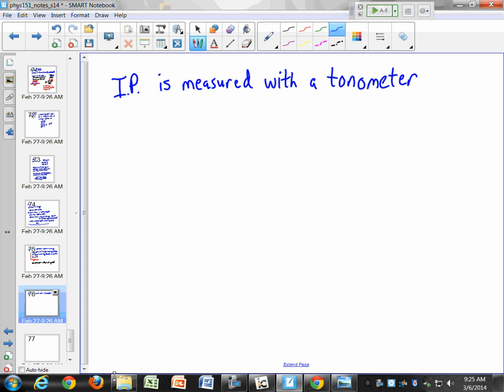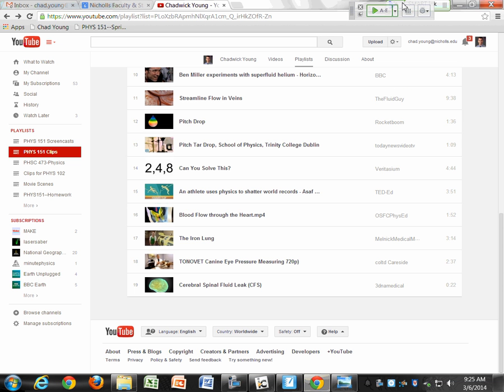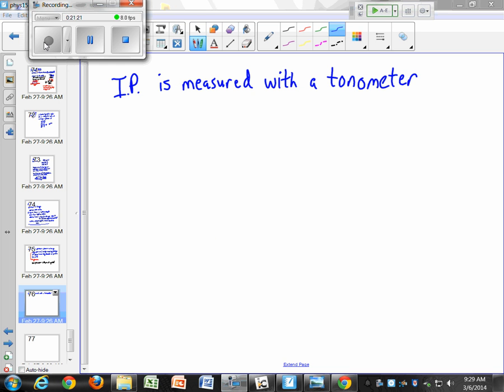So a tonometer is basically just pushing your finger on your eye to see how firm it is. But I have a little clip here of a tonometer that's being used on a beagle. Pause this. So this tonometer is used to measure the pressure.